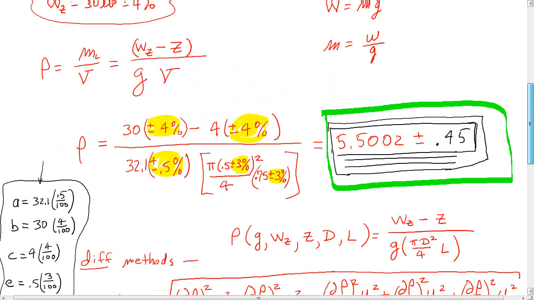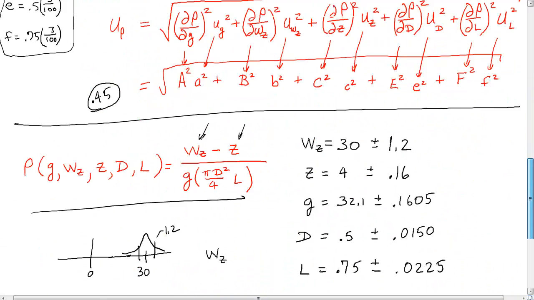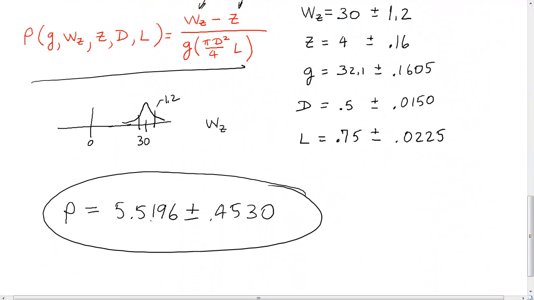Interesting, because if you look back up here, it's 5.5, 2 zeros and a 2. So we're off here. But here's the situation. Which one is more accurate? I contend that this one has a higher level of accuracy. This is just supposition. I'm not proving anything.